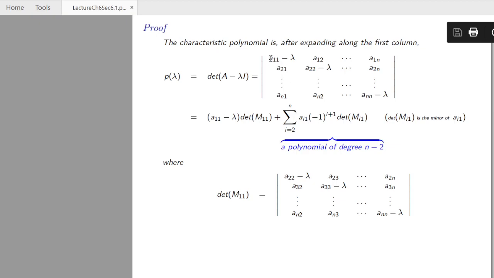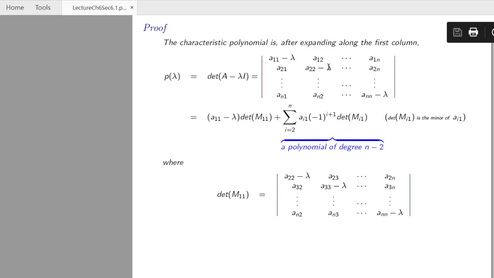So that will be equal to A11 minus lambda, this entry, times the determinant of M11. M11 is the minor of this entry.